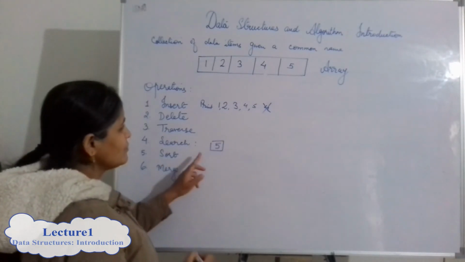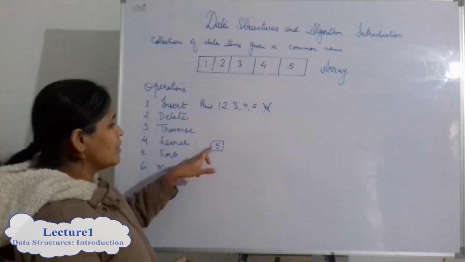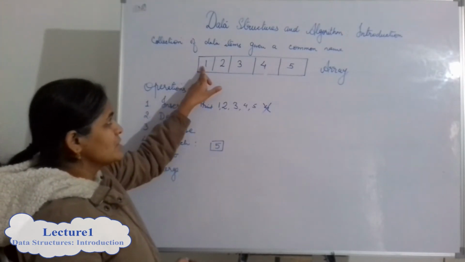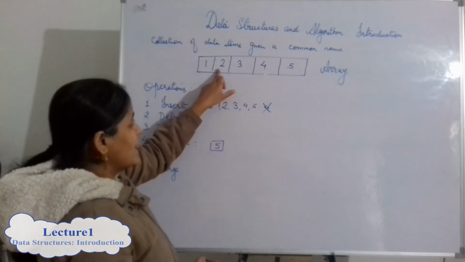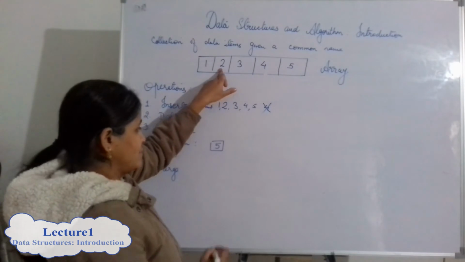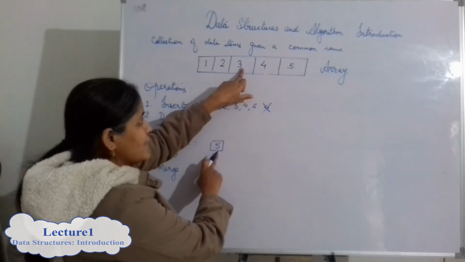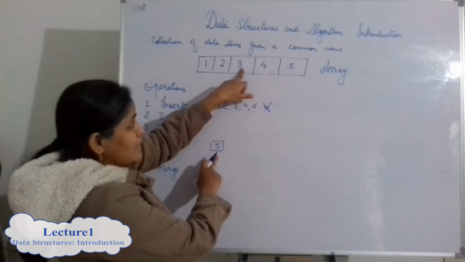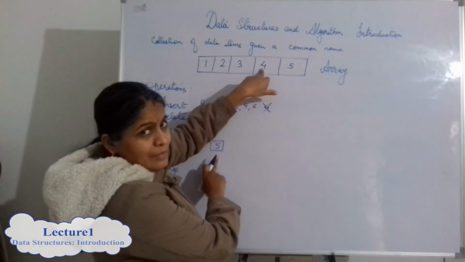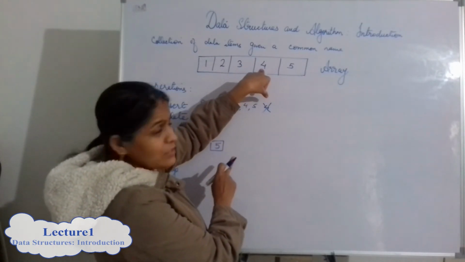So, I will go to the first element, first memory address. I don't find 5. So, I will move on. Then I access second element. Then again I don't find 5. Then I access third element. I don't find 5 here. Then I access next element. This is 4. Again 5 is not found.